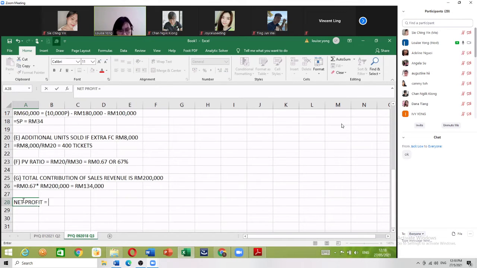Okay, then how to get your net profit? Net profit will be your total contribution less your fixed cost.